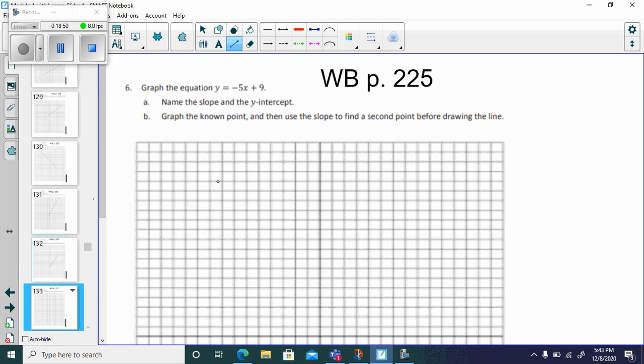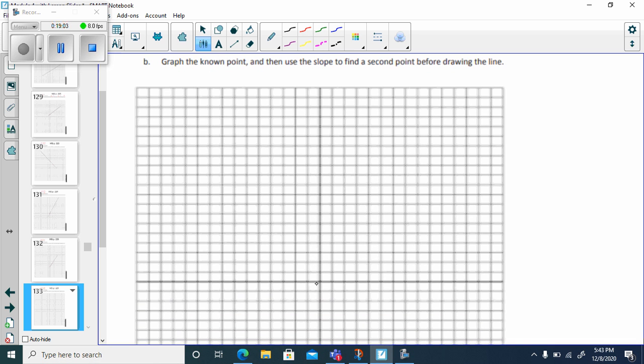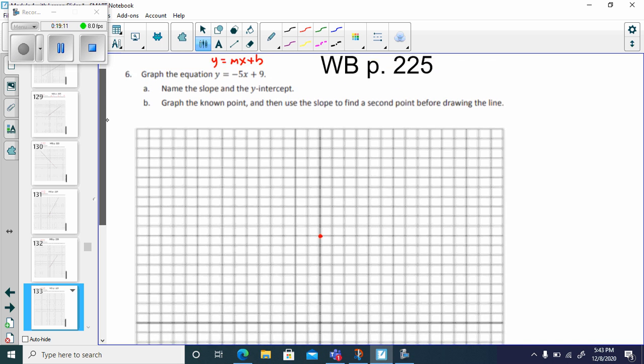Okay. Negative 5x plus 9. So our line's going to be going down. We've got y is equal to mx plus b. Our line's going down, but we're starting at 9 because our b is 9. 1, 2, 3, 4, 5, 6, 7, 8, 9 on this y-axis. And what was our slope? Negative 5.